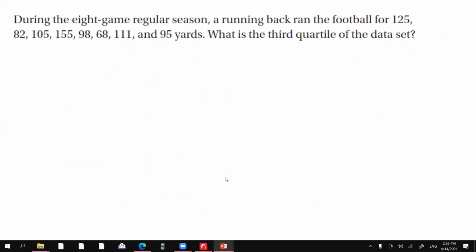Now here, during the 8-game regular season, a running back ran the football for 125, 82, 105, 155, 98, 68, 111 and 95 yards. What is the third quartile? So what he asked me about, find Q3. So what did I need first? First, I need to arrange the numbers.